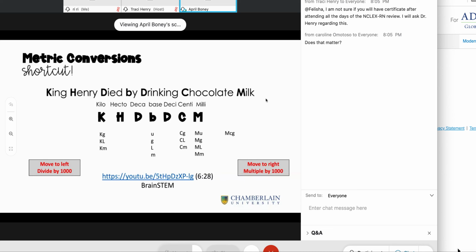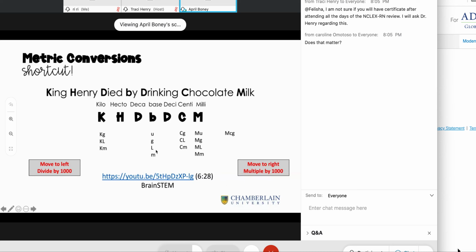I personally don't move the decimal and I don't teach students to do it, only because if you don't move it enough spaces, then you end up with the wrong answer. I would prefer to teach students to multiply by 1,000 or divide by 1,000 based on which direction you want to go. So you're actually doing the math, you're not doing it in your head, and you're not moving the decimal. However, do whatever works for you.